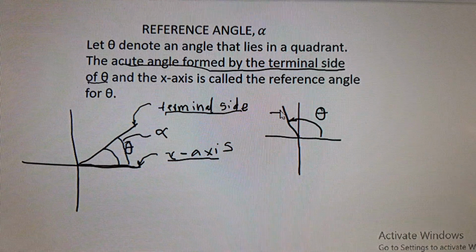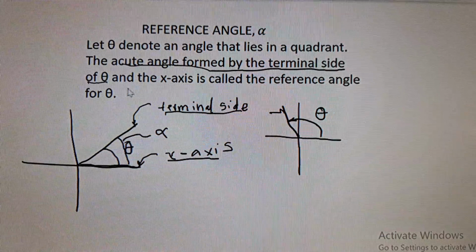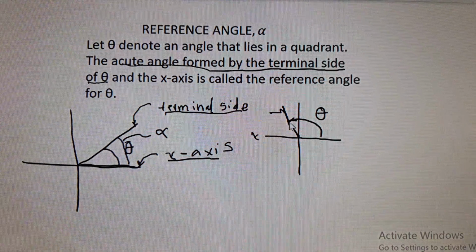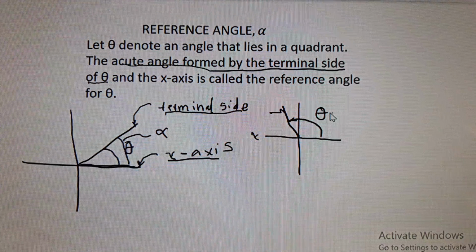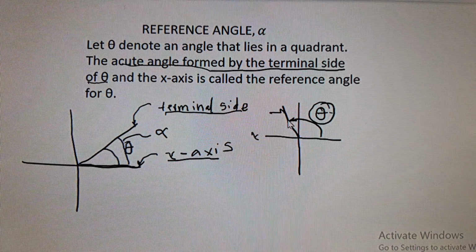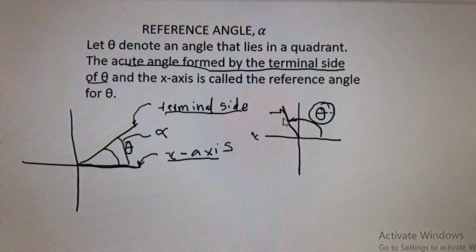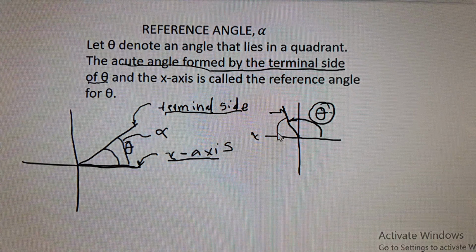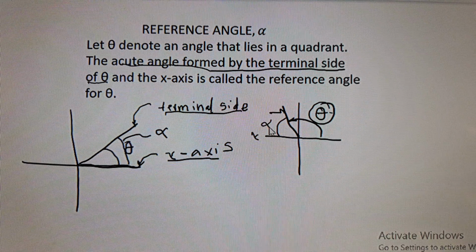Remember, this is the terminal side, and the x-axis. This is the x-axis right here. So for this angle theta, the reference angle is this angle right here. That would be alpha.